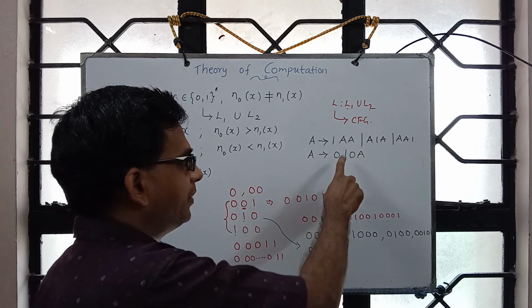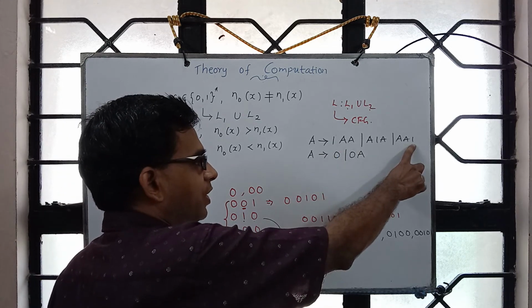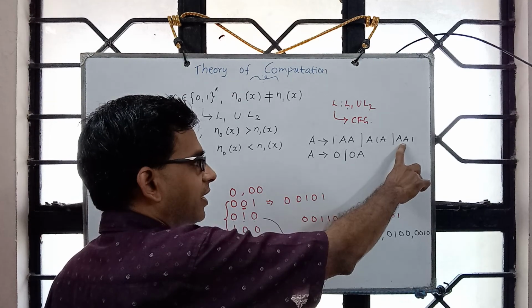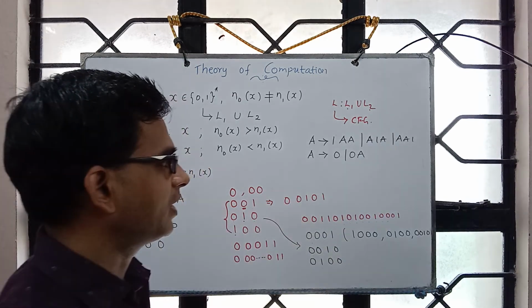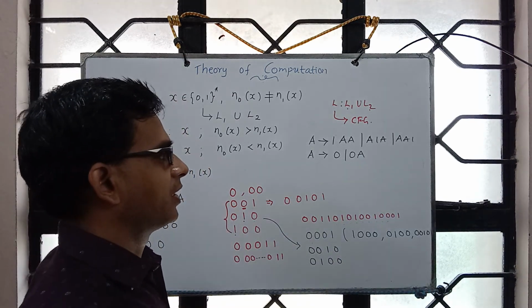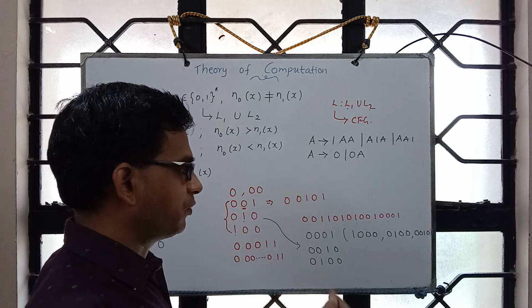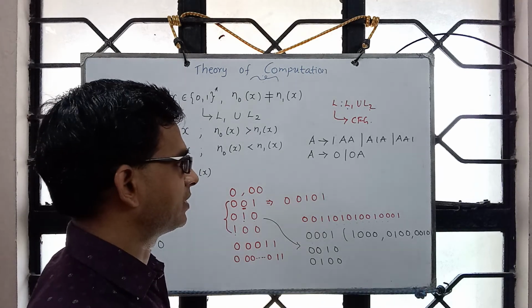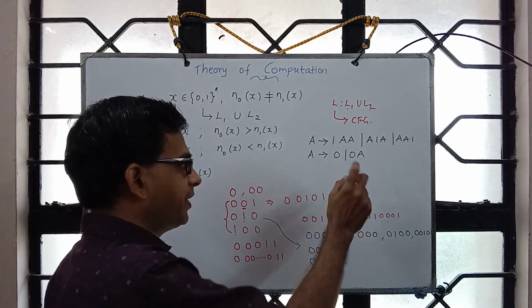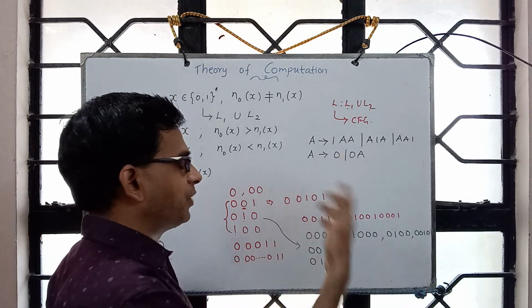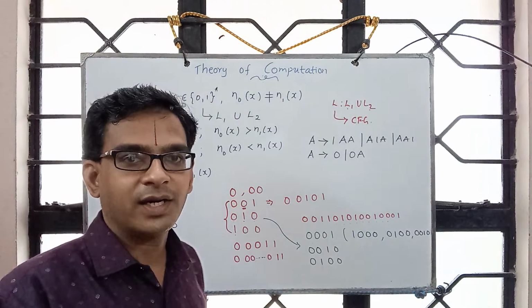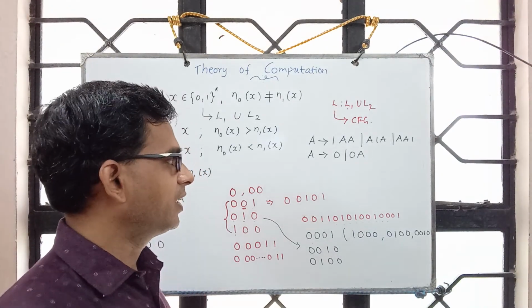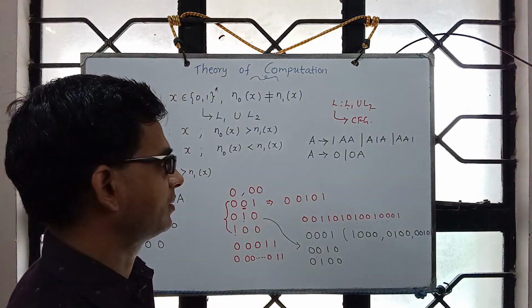Remember, when you bring 1, you also bring 2 places for zeros. That could be at least 1, or that could be exactly 1, or it could be a block of zeros. Or you may replace that A with another 1. Again you bring 2 places for a block of zeros.